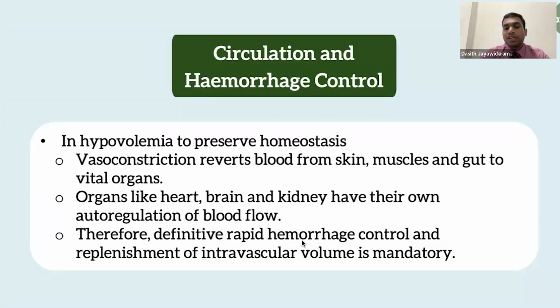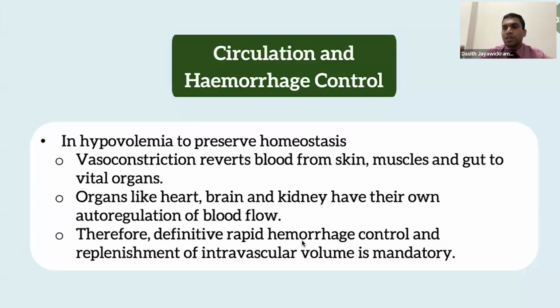So what can the body do? First of all, there are reserves in the body. For example, there's reserve blood in the spleen, so there will be splenic contraction, and this blood will be taken into the systemic circulation. That is one method of homeostasis. Then comes vasoconstriction.